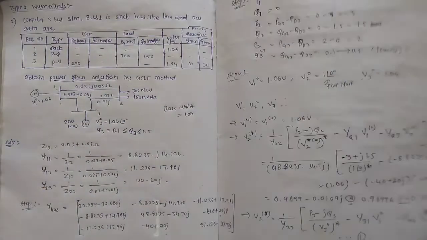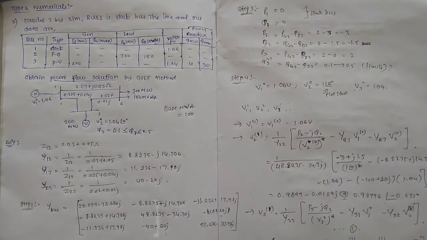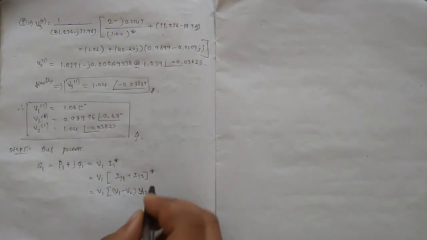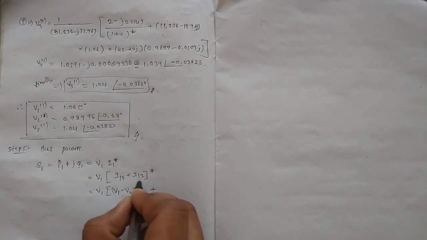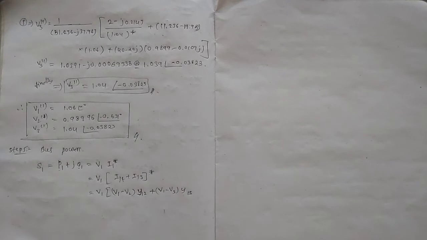For power calculations, after calculating these voltages, we need to take these small y values. Please do remember, for all the other values we take capital Y values. Small y12 plus y13, this suffix is V1 and V3, V1 minus V3, and y13 suffix.